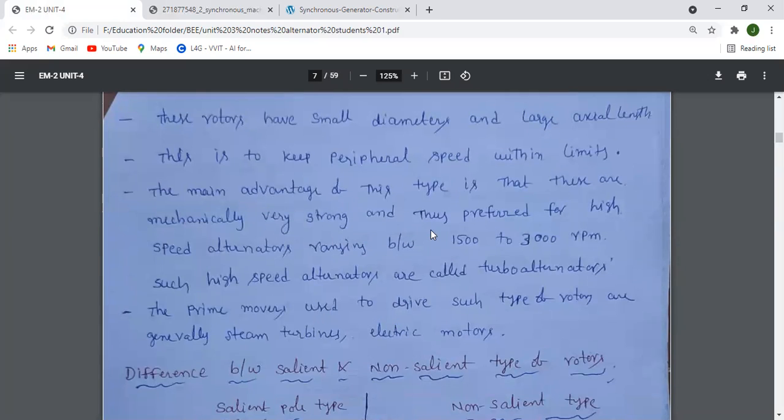The main advantage of this type is that it is mechanically very strong and thus preferred for high-speed alternators ranging between 1500 to 3000 rpm. Such high-speed alternators are called turbo alternators. The prime movers used to drive such rotors are generally steam turbines and electric motors.